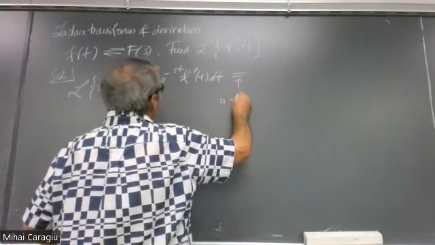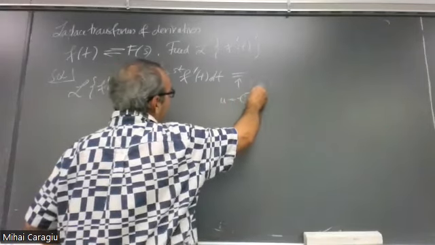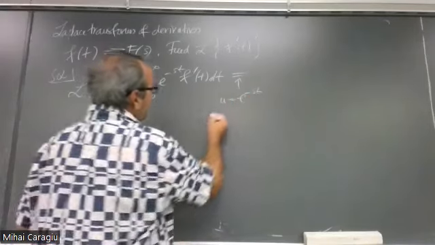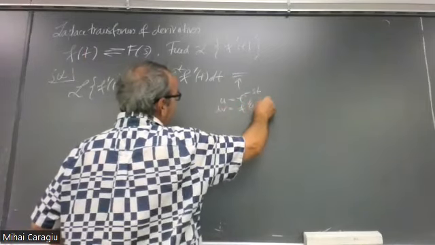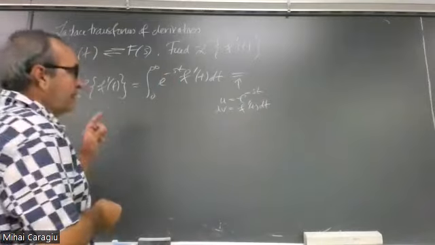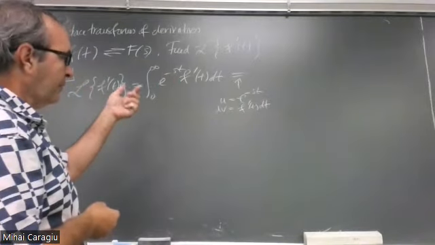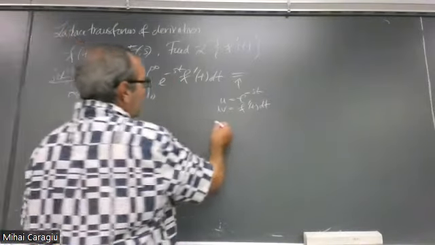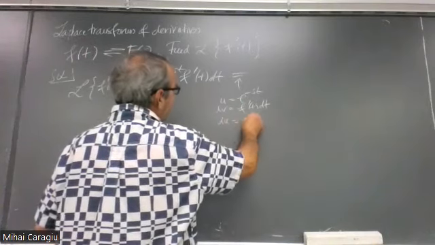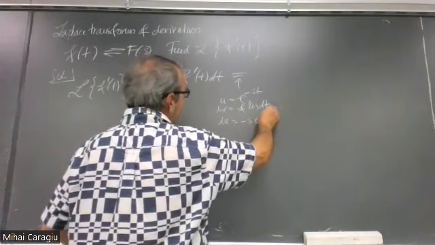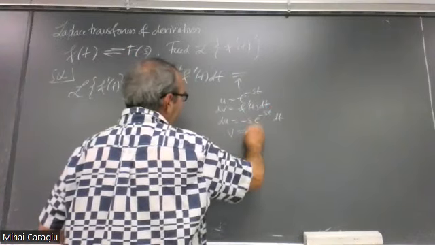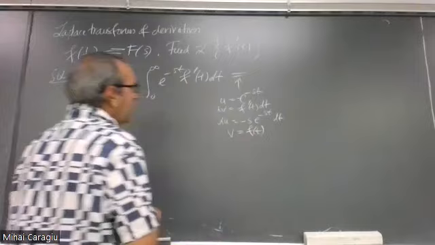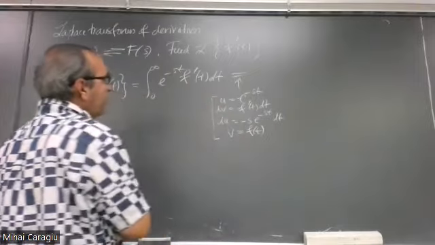So u equals e to the minus st, dv equals f prime of t dt. Now let's switch the d from u to v. So du is minus s e to the minus st dt, and v will be f of t. So these are the specifications for integration by parts.